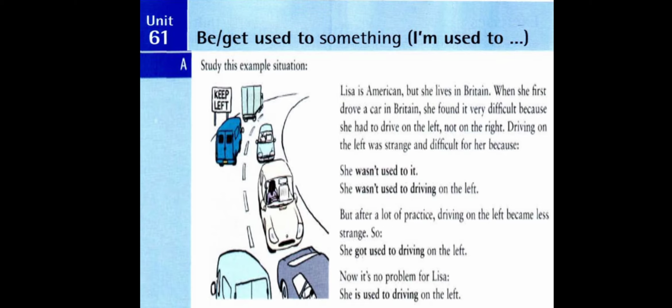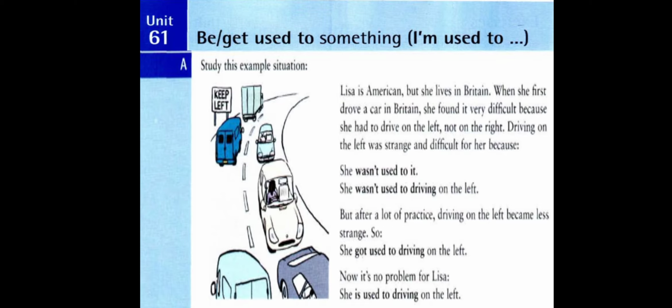Here we use wasn't before used to, and we use verb plus ing after to. But here we have given a pronoun. She wasn't used to it means she wasn't used to driving on the left.